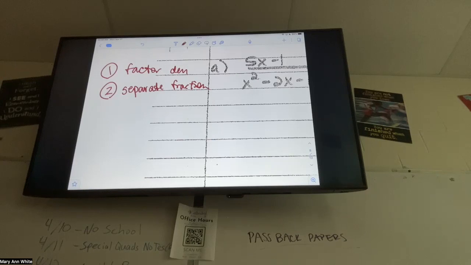And so once we separate the fraction, we're going to have essentially 2 variables in the numerator for us to figure out. And so step 3 is going to be to clear the denominator so that we can solve for those new variables. Step 4, we're going to get to combining like terms.